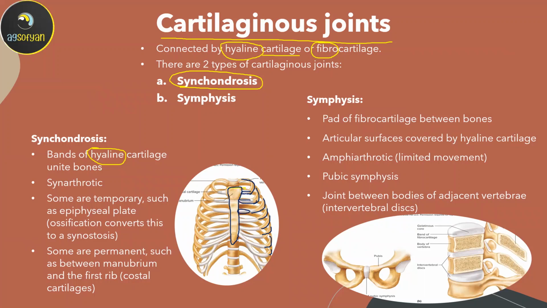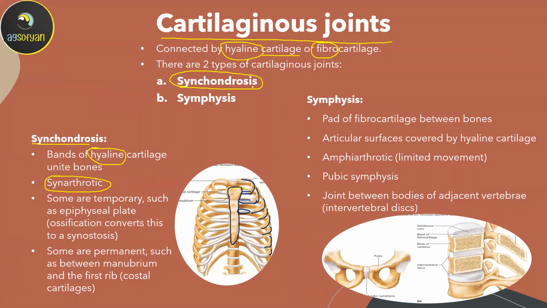So this is a type of synchondrosis. And these are synarthrosis, an immovable type of joint. So synchondroses are immovable joints.